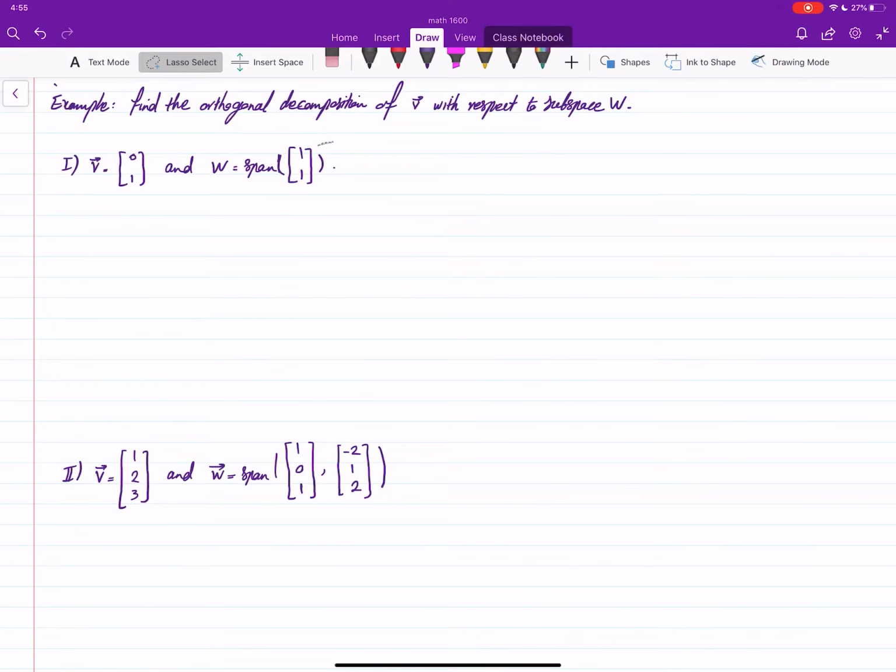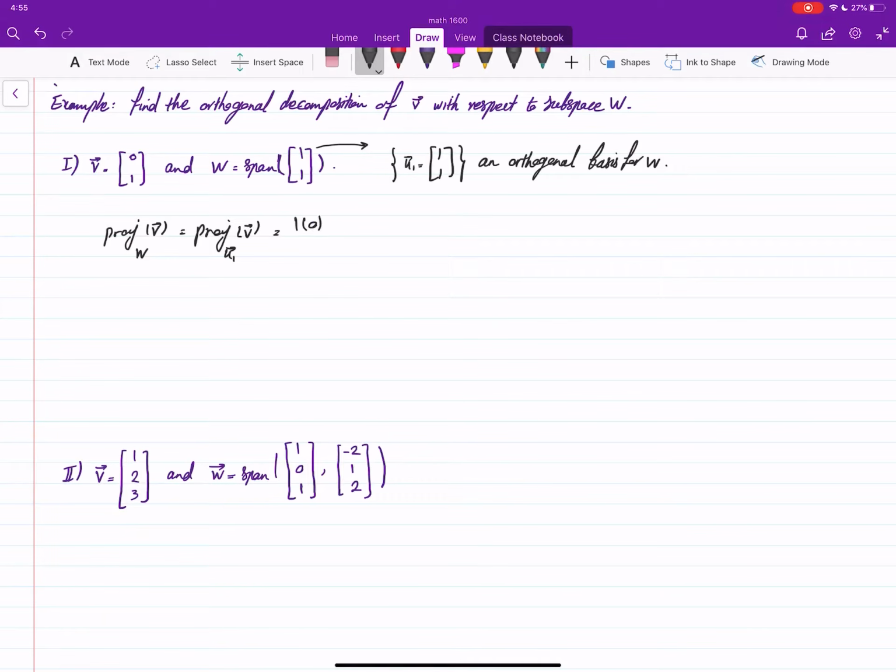When you have only one vector and the span of that one vector is W, then that one vector forms an orthogonal basis for W. And you can just use it to find the projection of v onto W, which in this case is the projection of v on that one vector u1, given by (v dot u1) over (1 squared plus 1 squared), times (1, 1).